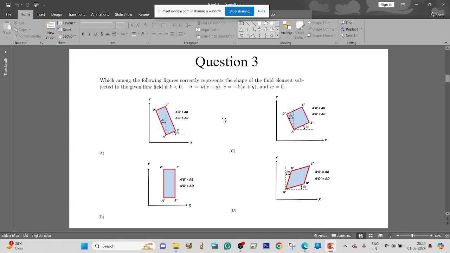Because I am in doubt. Whatever solution they sent us, they have given us option A. But according to me, it should be option D, because beta is negative. So beta will be the opposite of alpha, right? What do you think?